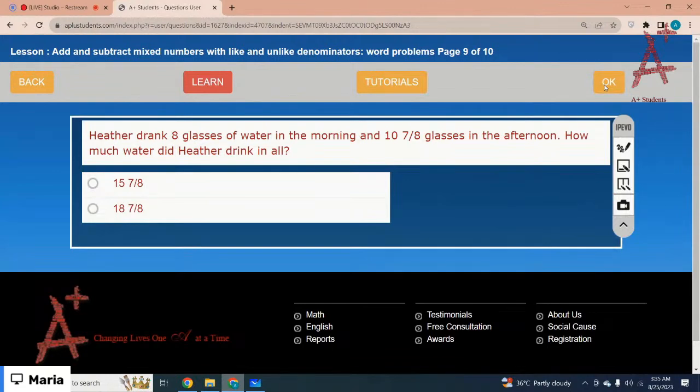Heather drank 8 glasses of water in the morning and 10 whole 7 by 8 glasses in the afternoon. How much water did Heather drink in all?